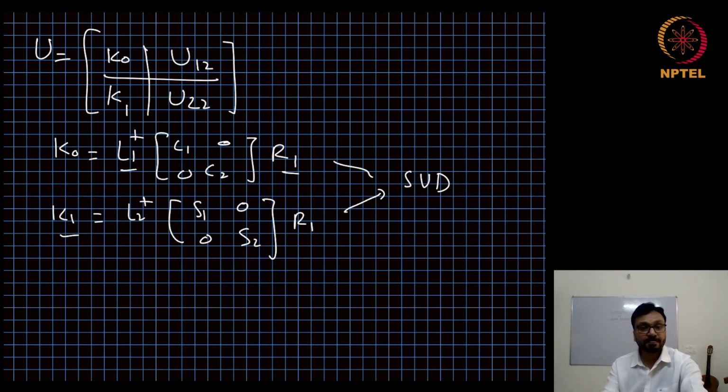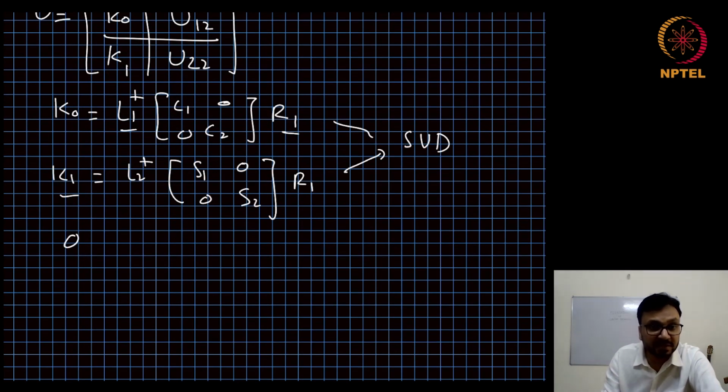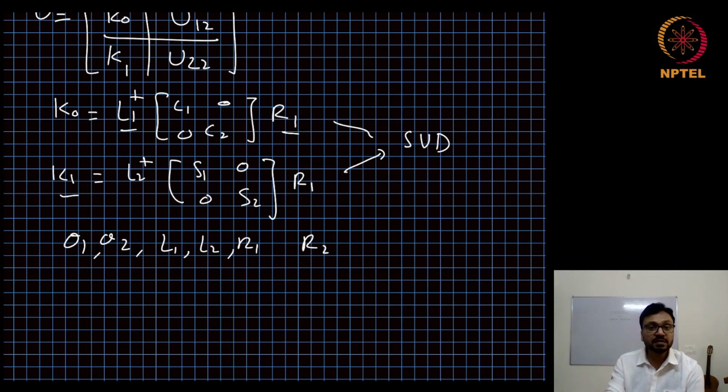From here, we have information about theta 1, theta 2, L1, L2, and R1, and R2 is unknown. For simplicity, we can choose R1, R2 to be anything, and we can choose it to be identity also. Identity is a valid unitary matrix.